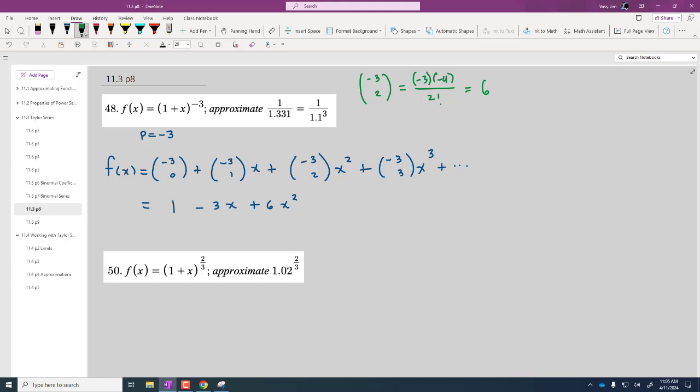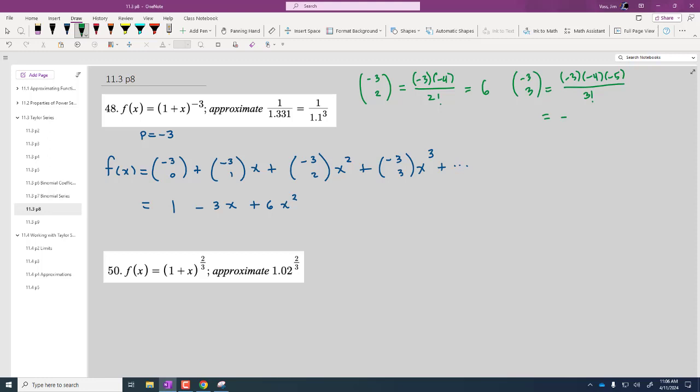And then we go to the next one, -3 choose 3. Same idea. In the numerator, we start with -3, we subtract 1 twice to get to 3 factors, and in the bottom we have 3 factorial.